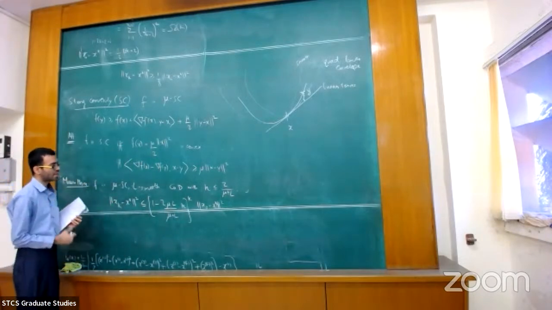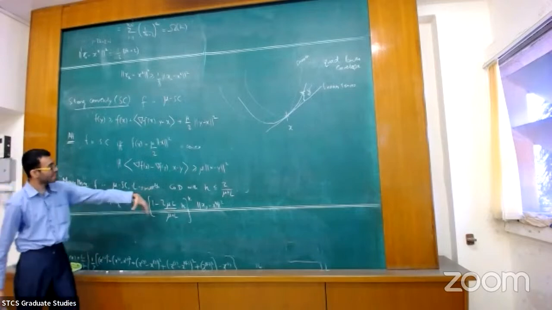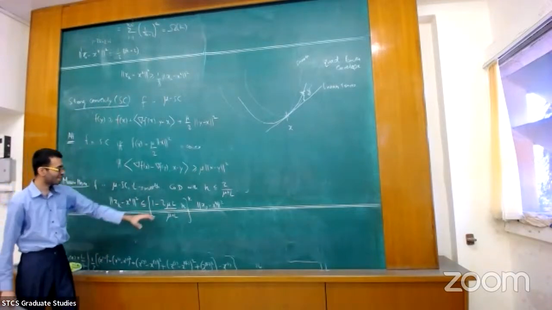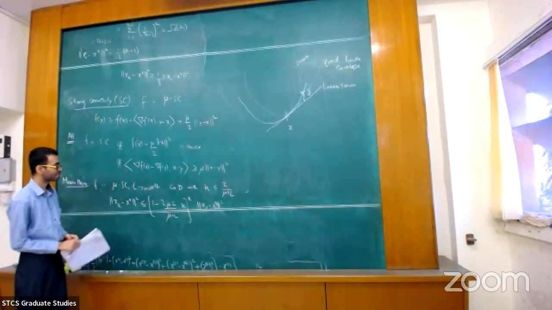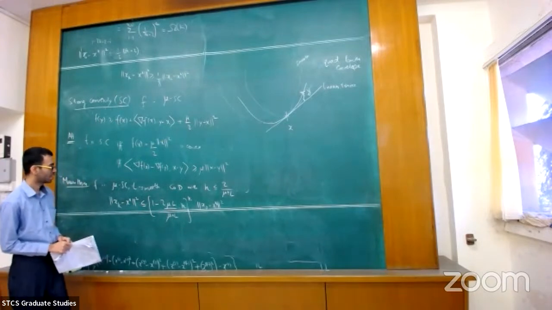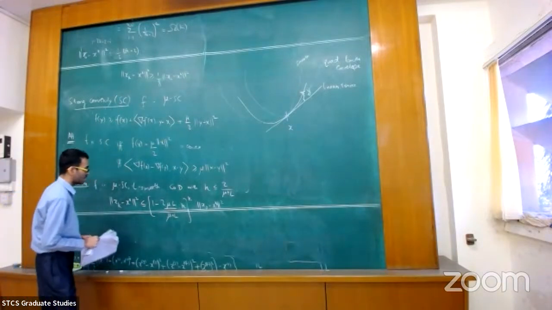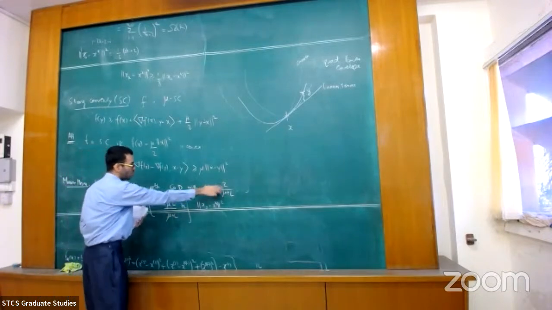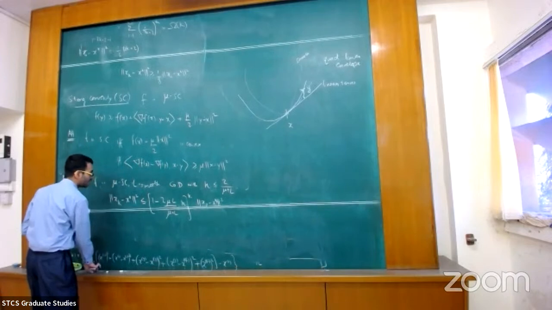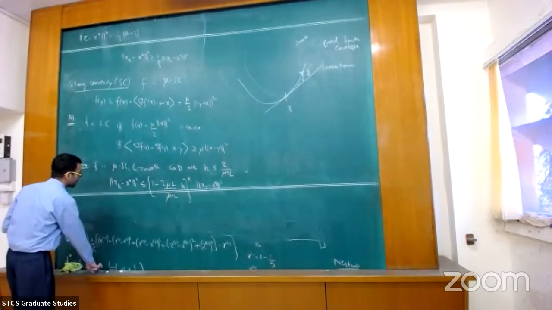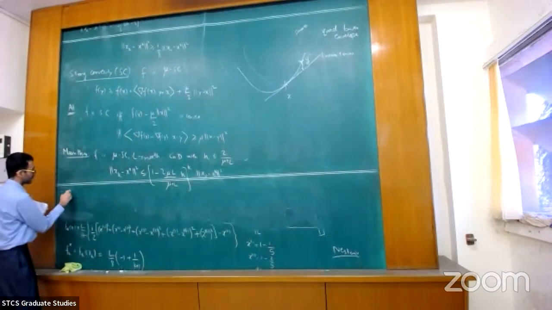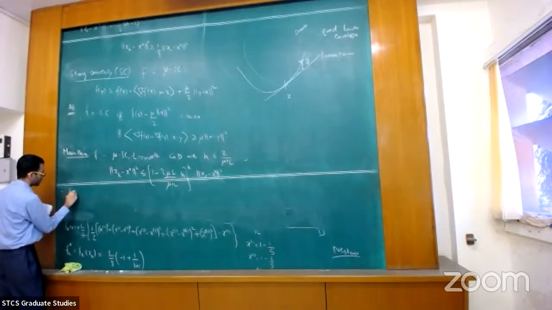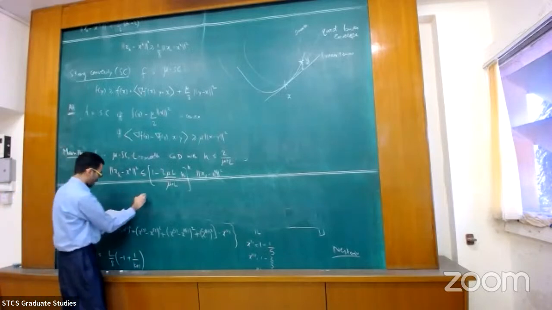This is really nice, because earlier you were suffering from this 1 over k, and now you have this really nice exponential decay. And if I choose the step size to be 2 over mu plus L, this quantity becomes smaller.